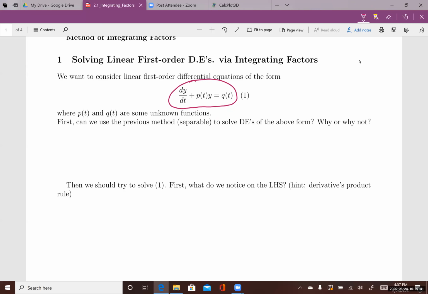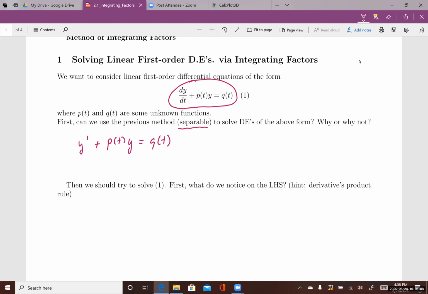Then first we want to see if we can use other methods, the methods that we already know so far, which is the method that you can use to solve separable equations, to solve this DE. Well, let's play around with it. So I can say this is y prime plus p of t times y equals q of t.